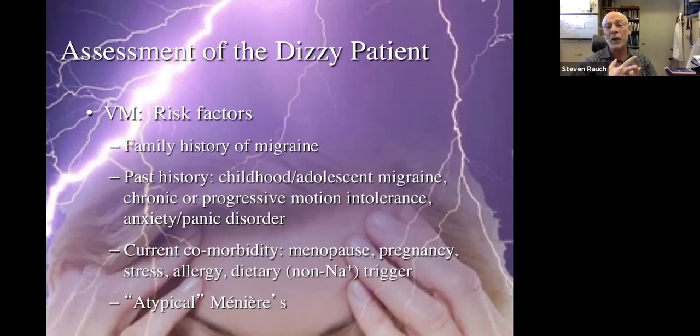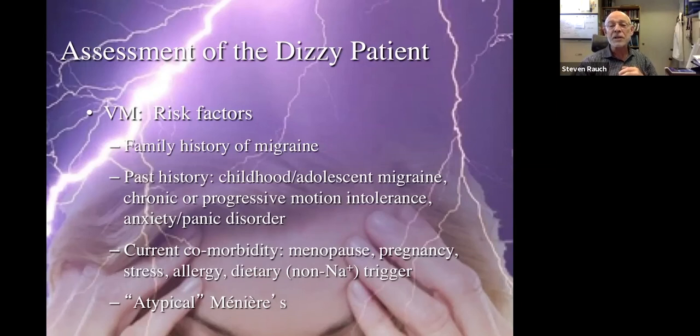Maybe sodium, but what about diet soft drinks? What about MSG? What about red wine and chocolate and cheese? What about nuts? What about dehydration? What about sleep deprivation and sleep apnea? All of these environmental and medical triggers are huge in migraine and much, much less likely in plain vanilla Meniere's disease.